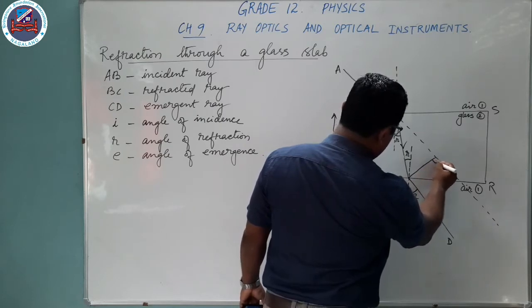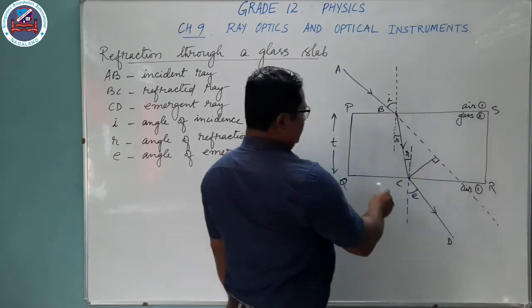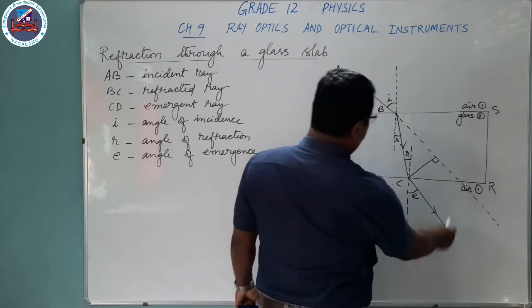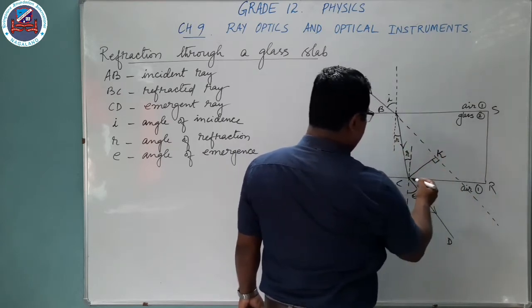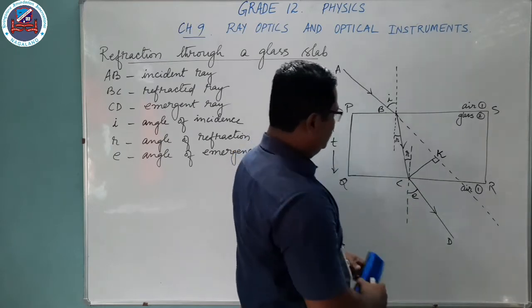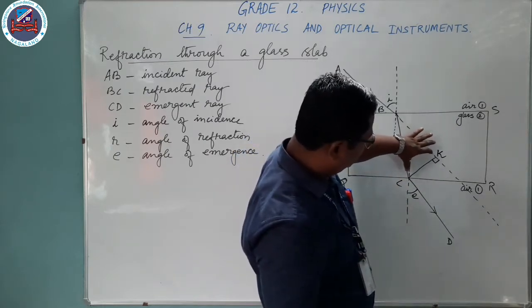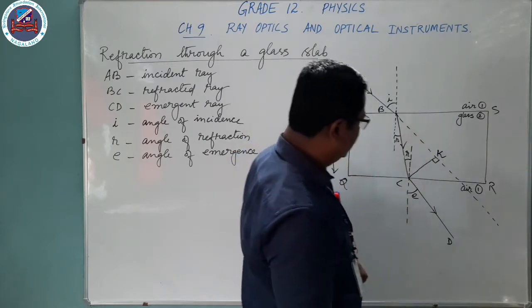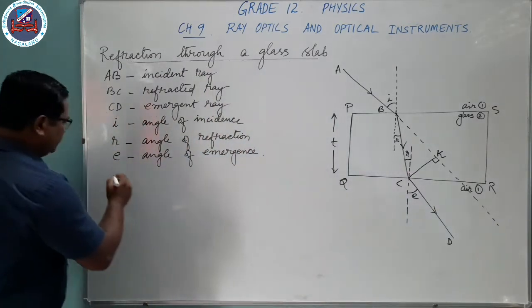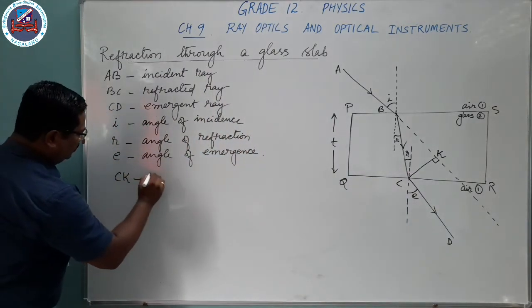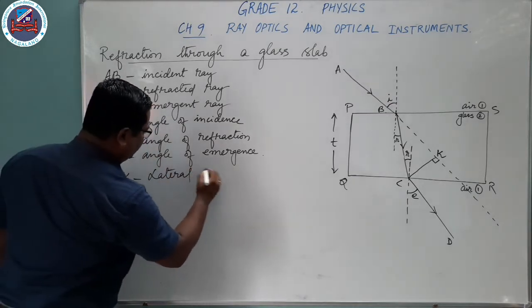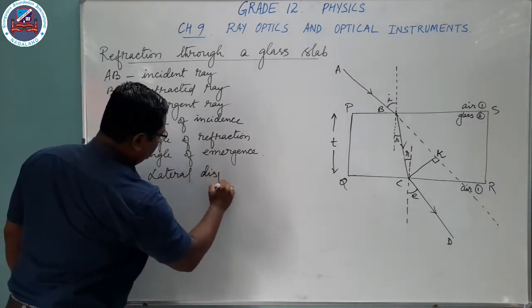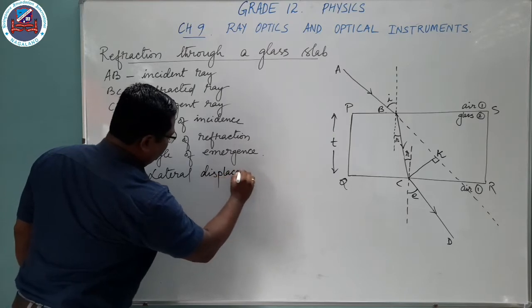If you draw a perpendicular line between the emergent ray and the incident ray, let me mark it as K, CK. This is the deviation that is taking place. We call this deviation CK the lateral shift or lateral displacement.